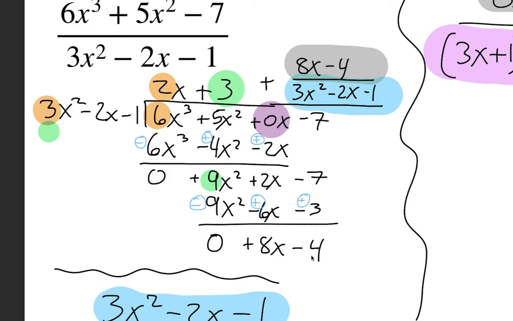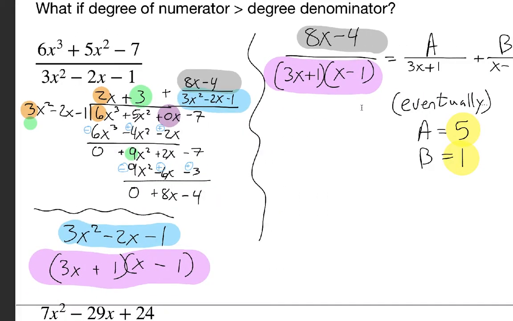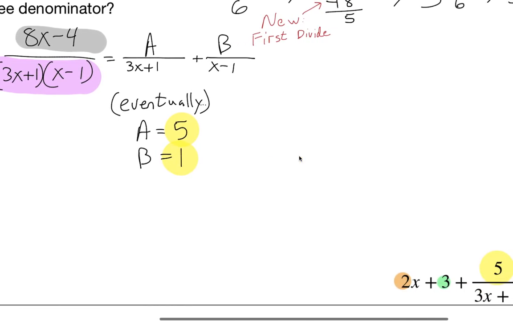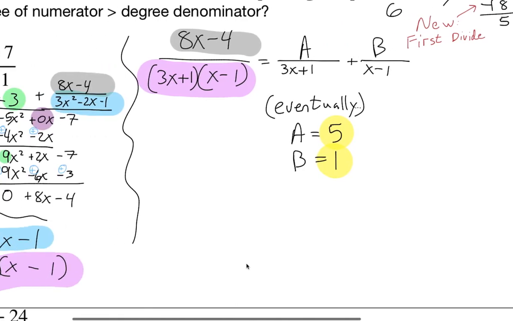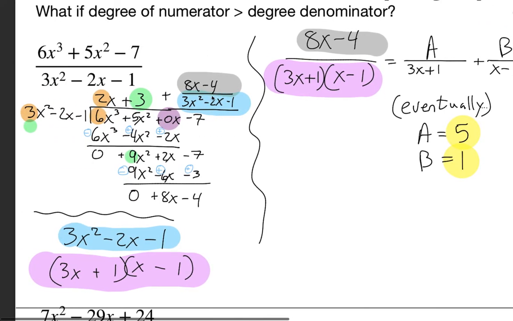So we take our entire remainder, 8x minus 4, and that's the numerator, and then the entire divisor, and that's the denominator here, 3x squared minus 2x minus 1. So this is actually part of the answer, 2x plus 3. You can see over here, fast forward to the answer, we can just write that as the answer. The only thing that really remains is to decompose this fraction right here.